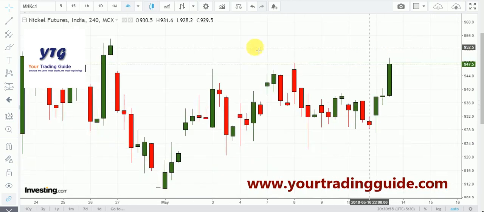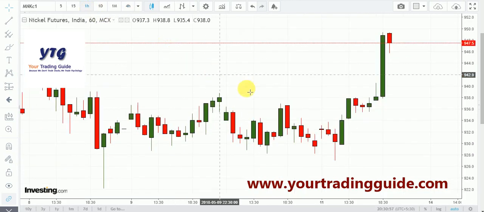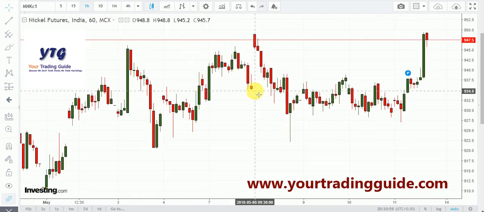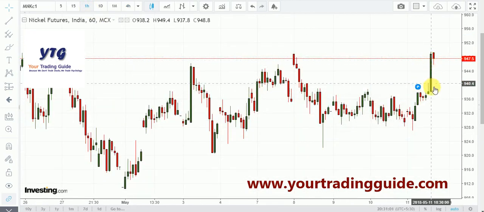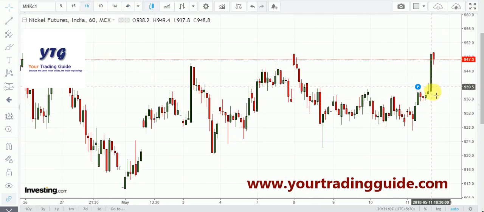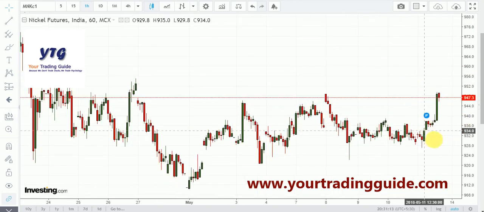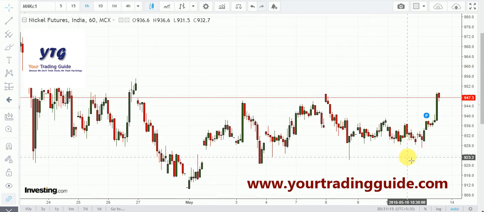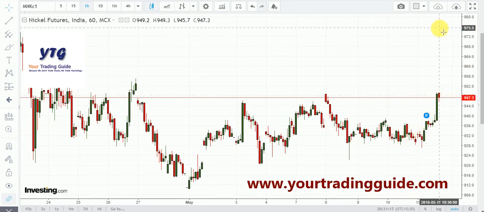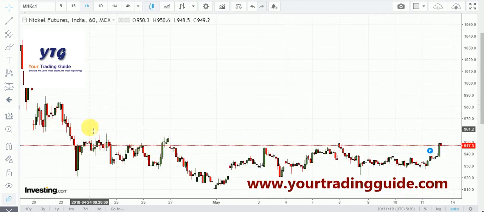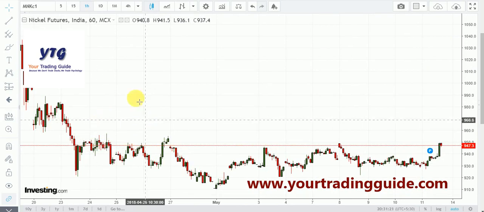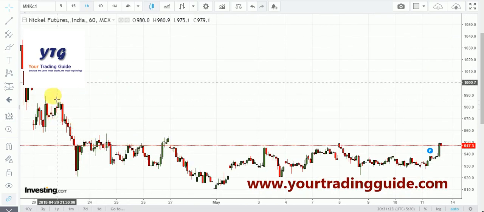Now going to the hourly chart, nickel seems more poised to go up. The way it is moving up, it is more poised to go up. So my sense is that you should turn a buyer, and no wonder if in the coming days nickel comes around the 970 to 990 areas.